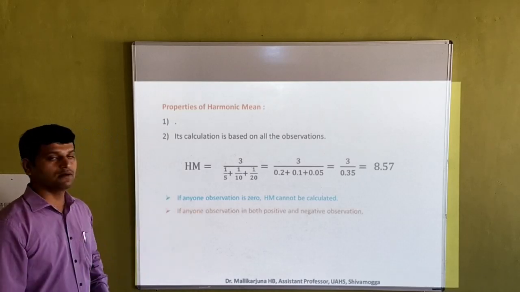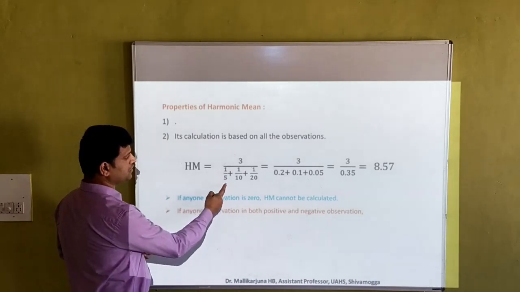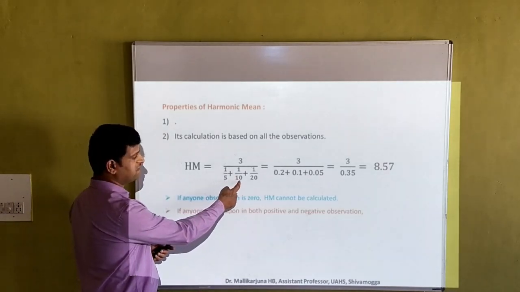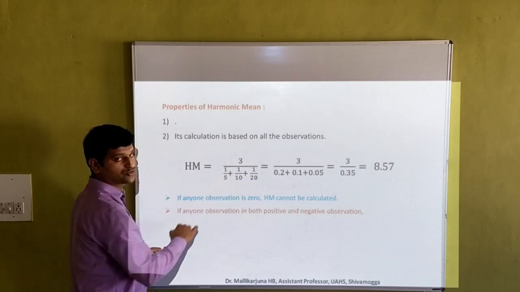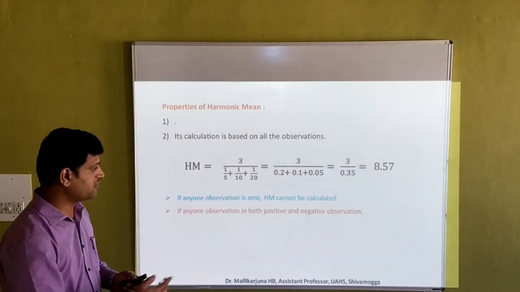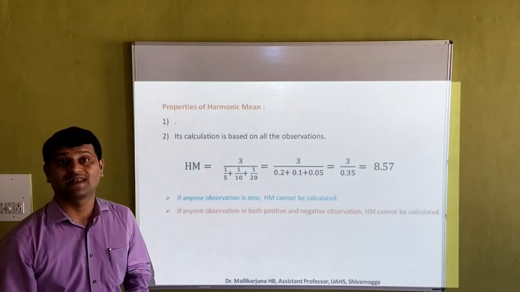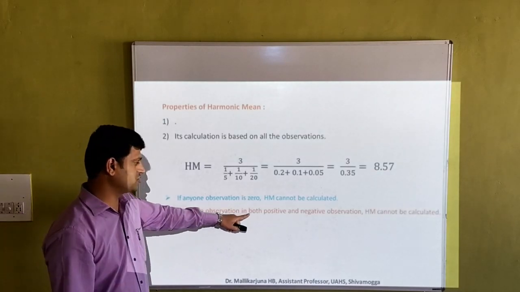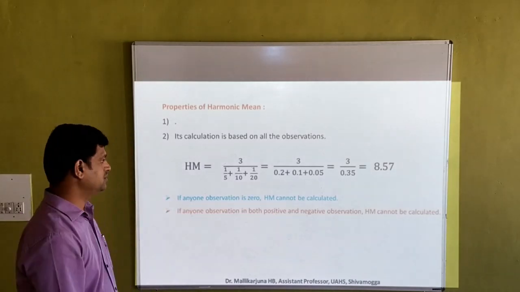And if the observations include both positive and negative values, for instance instead of 10 I take minus 5, plus 5 and minus 5 both cancel to 0 when I add them. That's why HM cannot be calculated. Hence, in such cases HM cannot be calculated.